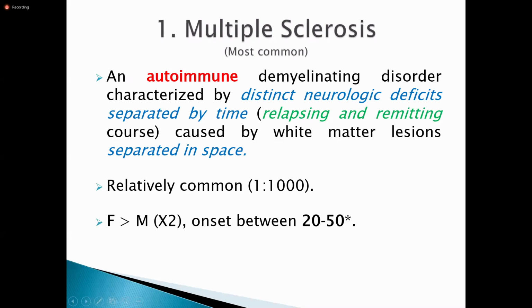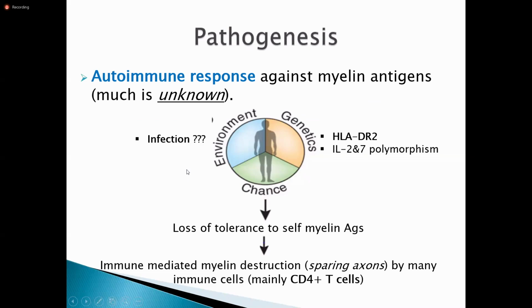It results from complex interactions, possibly infections and interleukin 2 and 7 polymorphisms. They are more predisposed to have multiple sclerosis, and following an infection, a person develops antibodies to antigens.